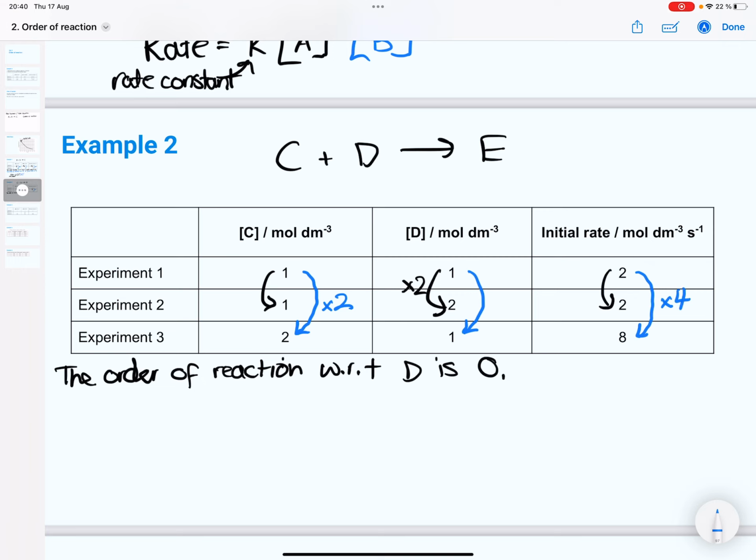So what's happened is the increase in C has a change that is 2 squared on the initial rate. Because C is increased by a factor of 2, the square of 2 is 4, so the initial rate increases by a factor of 4. This is called second order. So the order of reaction with respect to C is 2.